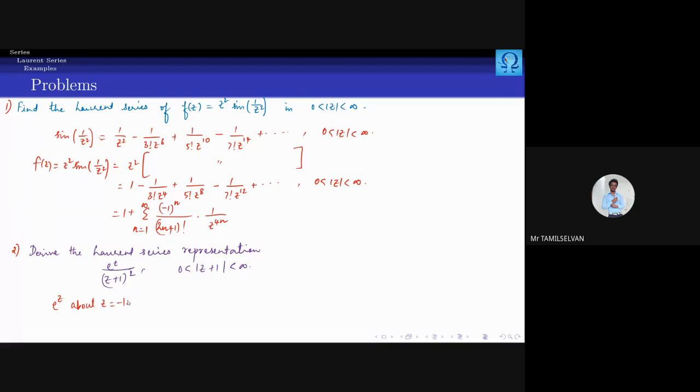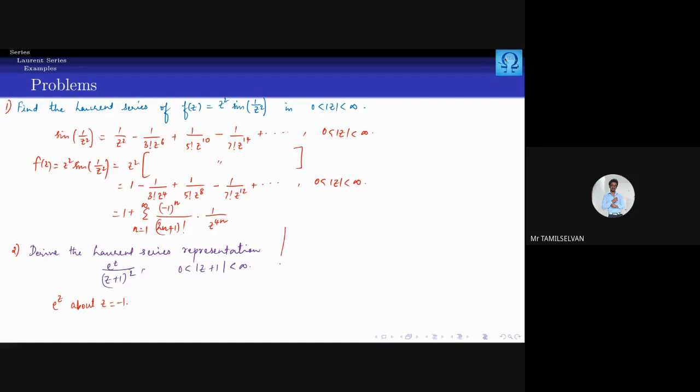How do you calculate it? Tell me whether your e power z is analytic everywhere or it has some singularity. It's analytic everywhere, sir. So for any point of analyticity, we can give a Taylor series expansion.